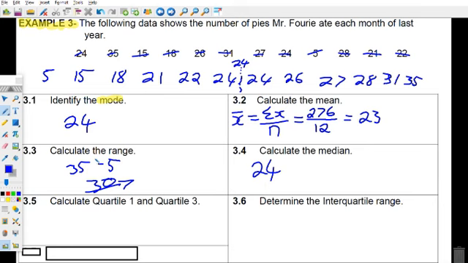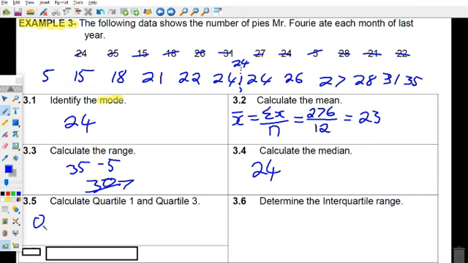Quartile 1 and quartile 3. So now we need to look on the left of my Q2. Do you see there's 6 values, so it's going to be in between because it's even. So what number is in between 18 and 21? 19.5.